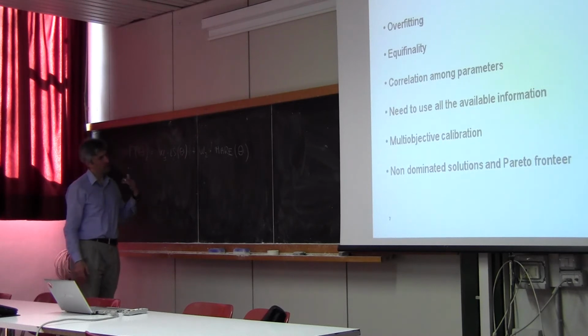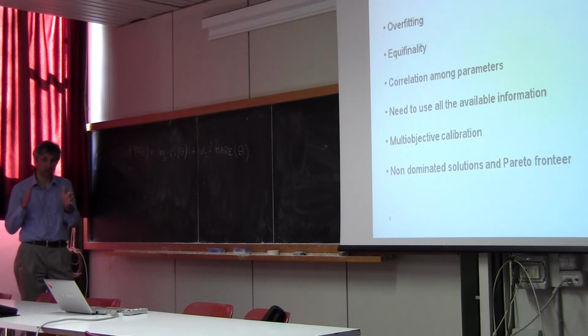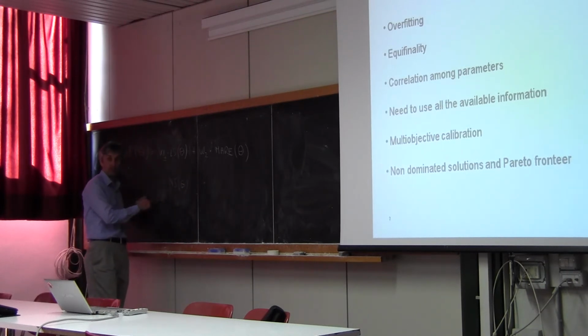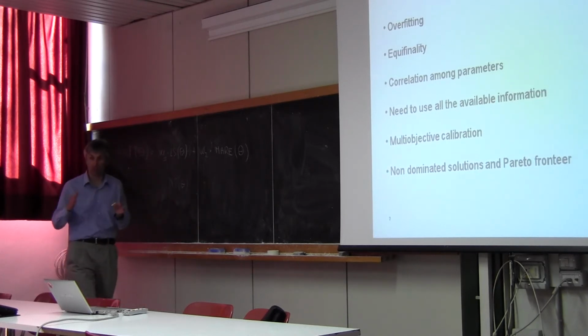Basically, when we combine objective functions, it's better to combine together objective functions that vary in the same range. Like, for instance, Nash-Sutcliffe efficiency, which varies, as I said, between minus infinity and 1, but basically between 0 and 1, and the mean relative error, which varies, again, between 0 and 1.